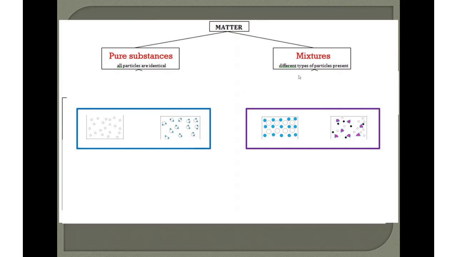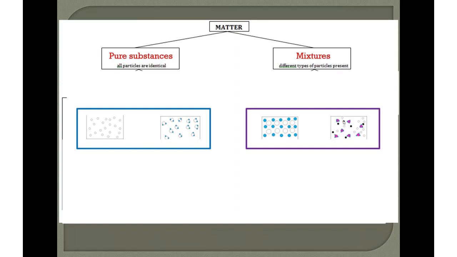Whereas mixtures will contain different types of particles. If you take a look at these pictures, the one on the left has two different types of atoms, not joined together or anything like that, just two different types of atoms in this picture here. Whereas this one has how many different types of particles?